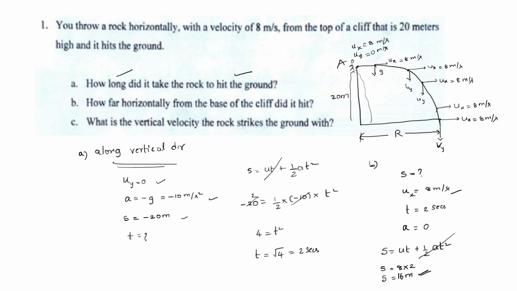That's it. And what is the vertical velocity with which the rock strikes the ground? That means where the rock is hitting the ground, we need to find the velocity there. So at that particular point, let it be B, we can use v square minus u square is equal to 2as.